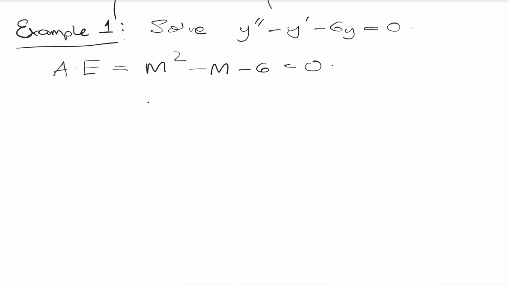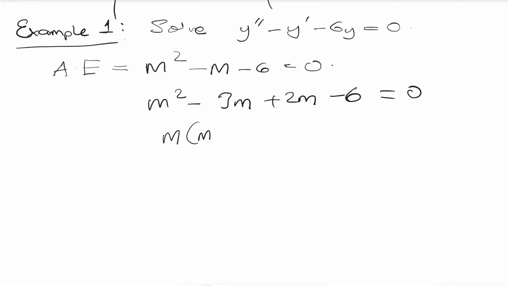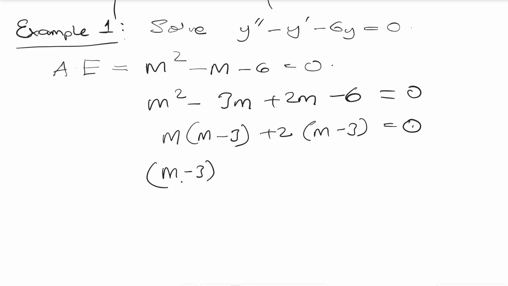Using factorization, m square minus 3m plus 2m minus 6 is equal to 0. We can say m(m minus 3) plus 2(m minus 3) is equal to 0. m minus 3 and m plus 2 both equal to 0. So m is equal to 3 and minus 2.